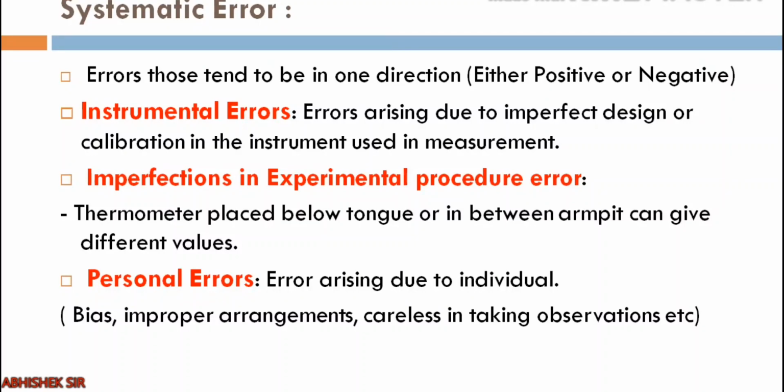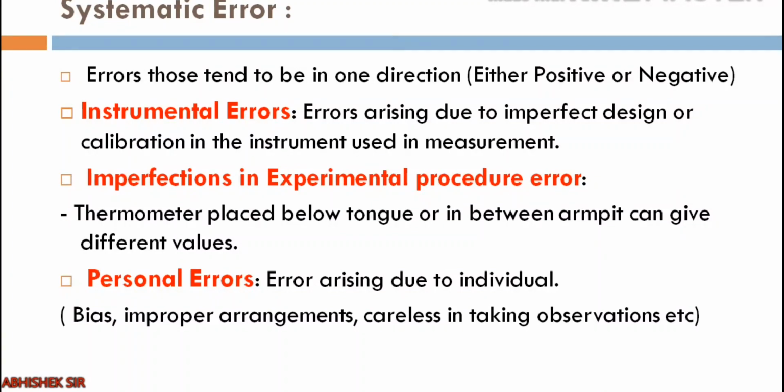For example, in earlier times, temperature was measured by keeping the thermometer in the armpits, but now it is placed below the tongue. These measurement techniques can give different values. The one below the tongue can give you a better result. So the selection of procedure is very important.